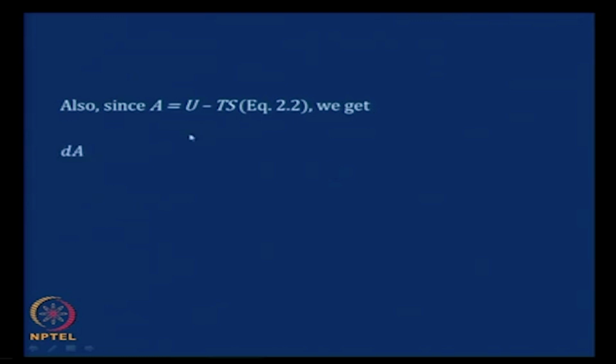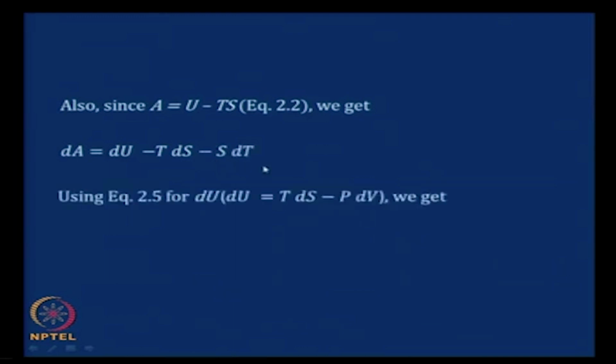Therefore, the total differential of A, following the same scheme as earlier, is nothing but dU minus, by chain rule, TdS minus SdT, and we already know that dU equals TdS minus PdV from equation 2.5, and therefore if you substitute TdS minus PdV here, TdS minus PdV minus TdS minus SdT, TdS minus TdS will get cancelled out, and therefore we are left with dA equals minus SdT minus PdV, and we will call this equation 2.7.